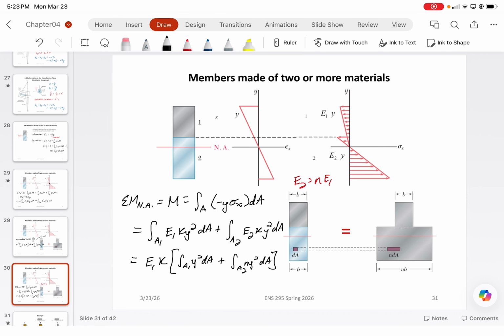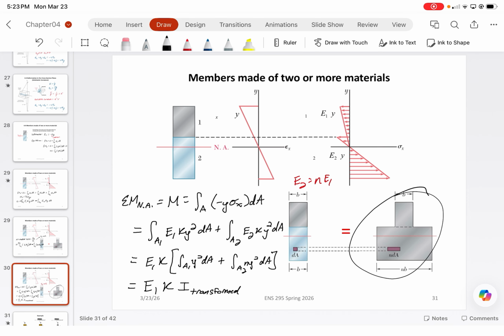So what we end up with is just E1 times k times what I'm going to call I transformed, which is basically the second moment of area of this shape right here. So don't just use b h cubed over 12 on this cross section, because that would be an improper way to look at it, since you're not accounting for the variation in stiffness.